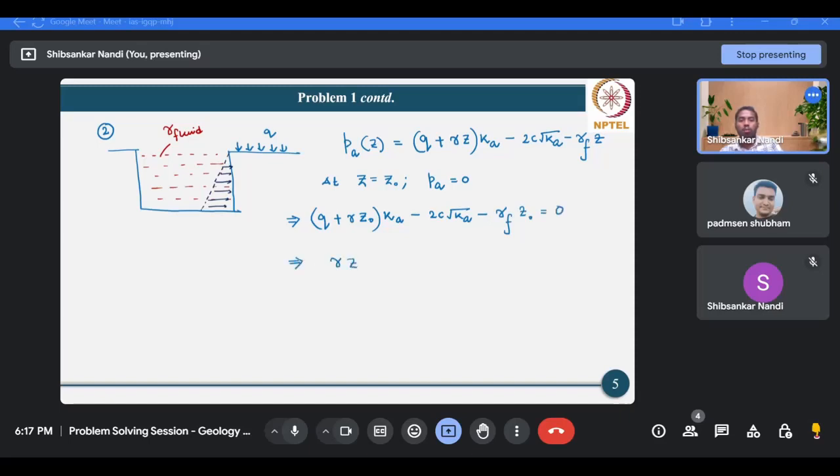So gamma Z0 Ka should be equated to 2C root K plus, sorry, here we'll retain this term, gamma F Z0, on the left hand side only.